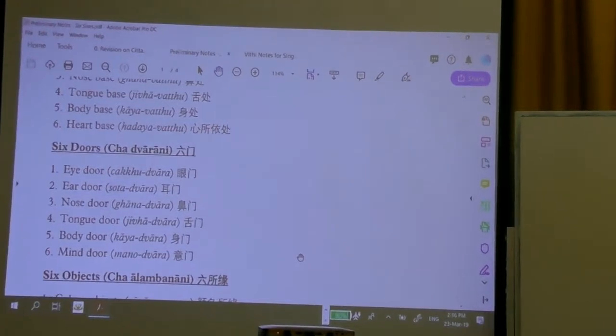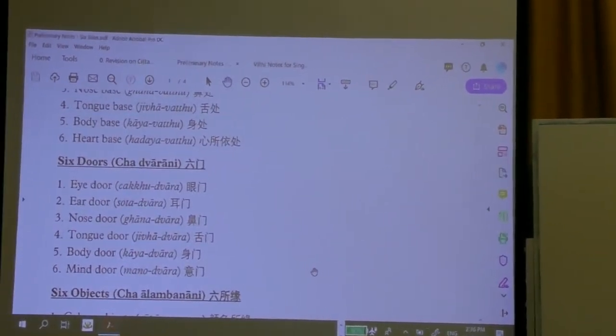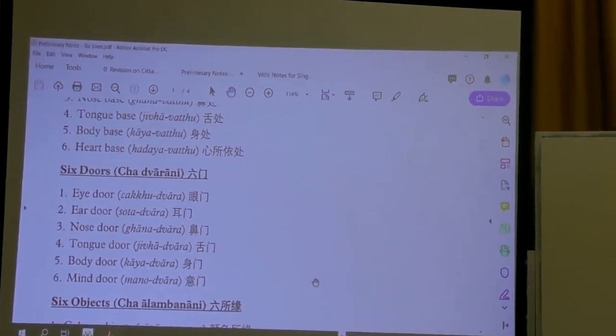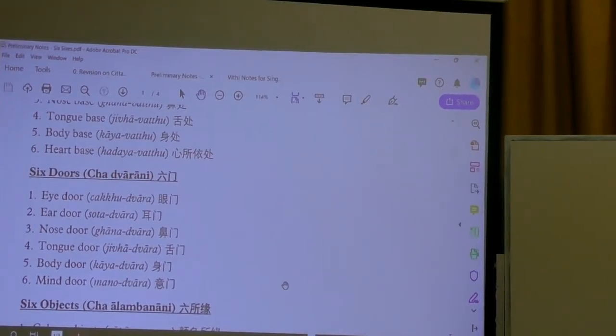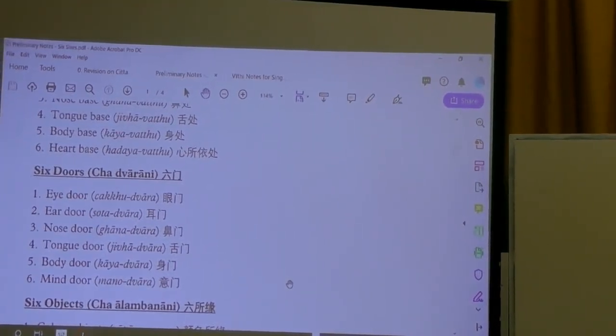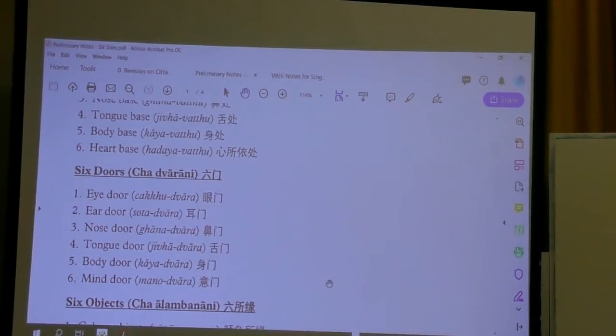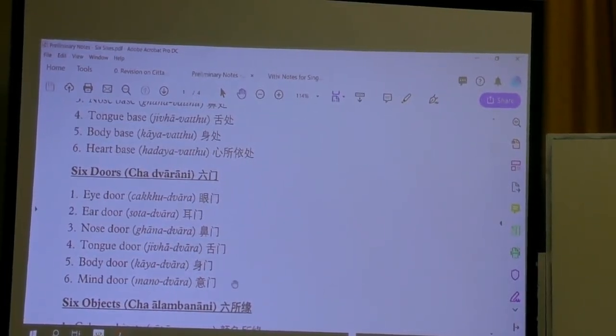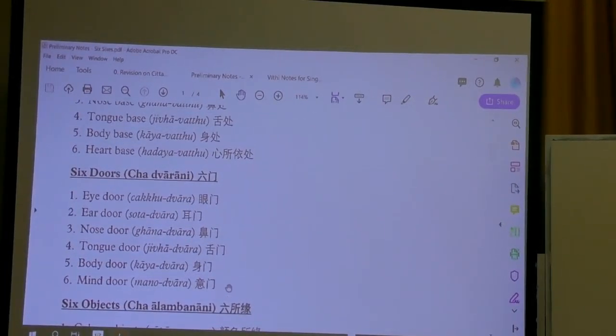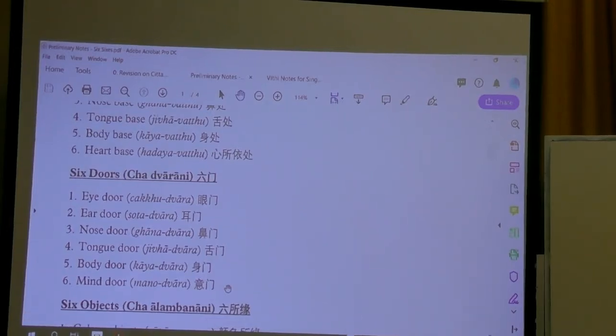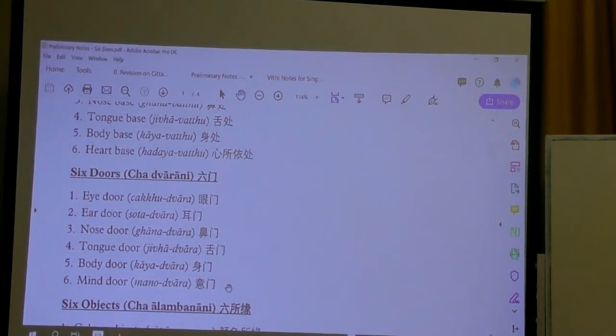Ear base is called ear door. In the same way, nose door, tongue door, body door. Different: the heart base cannot be called the mind door. Mind door is bhavanga. Mind door is called bhavanga consciousness, bhavanga mind. Later you can understand.